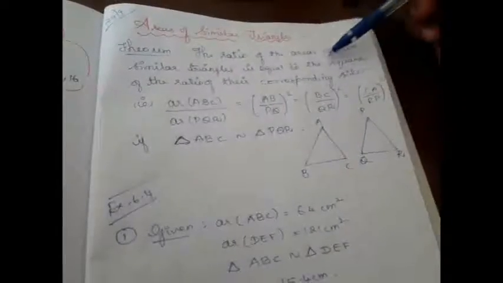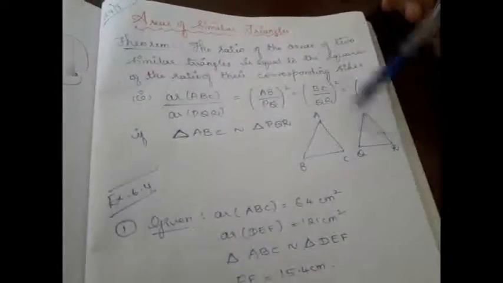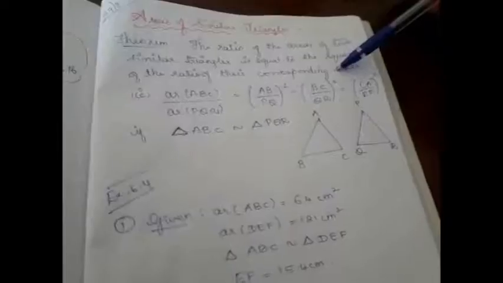The theorem says the ratio of the areas of two similar triangles is equal to the square of the ratio of their corresponding sides. I repeat, if two triangles are similar, then the ratio of their areas is equal to the square of the ratio of their corresponding sides, right?